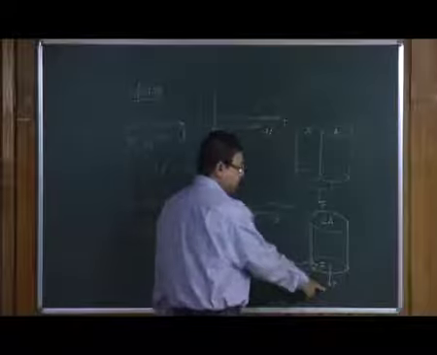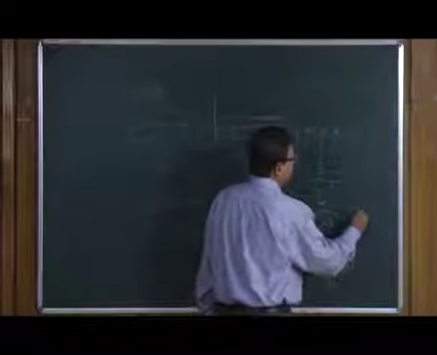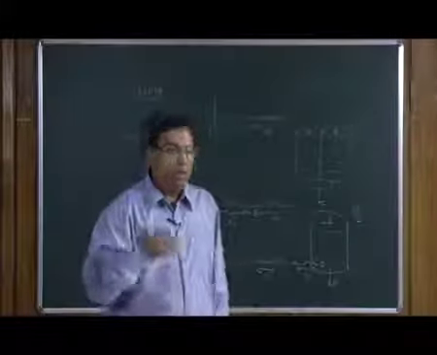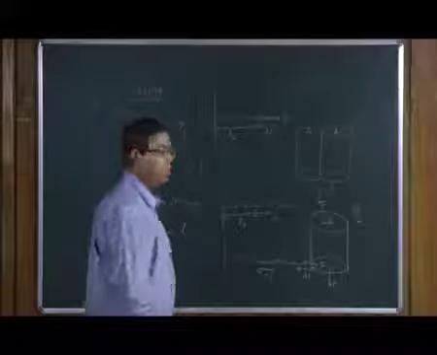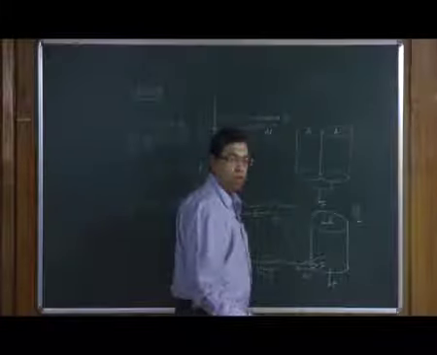So, under the application of this force F, the extension will be delta L by 2, which means as we double the area of cross section, the elongation goes down by a factor of 2.